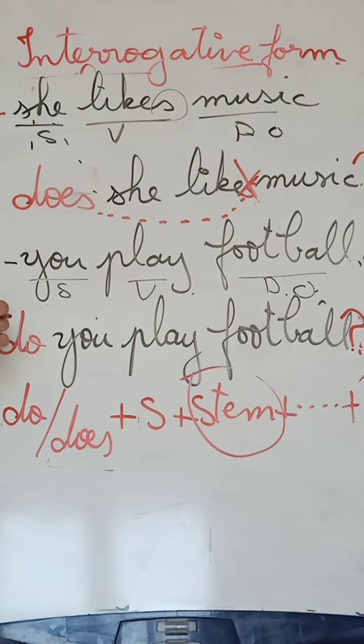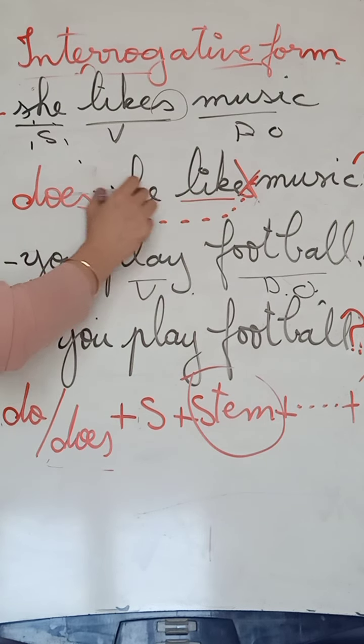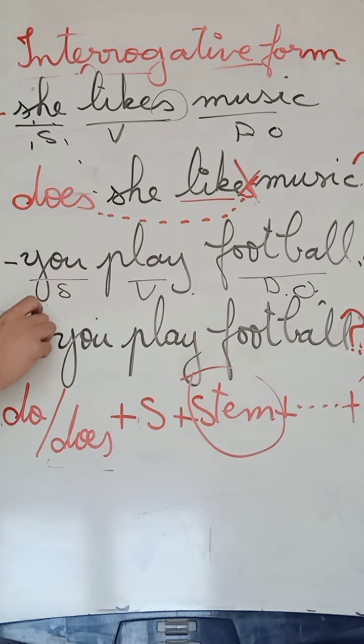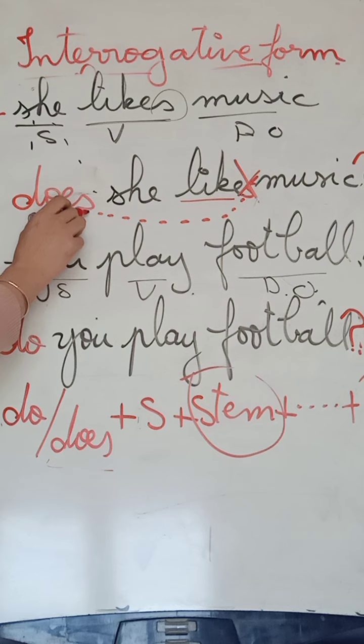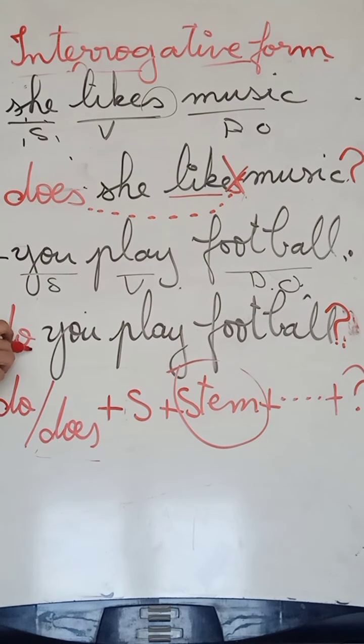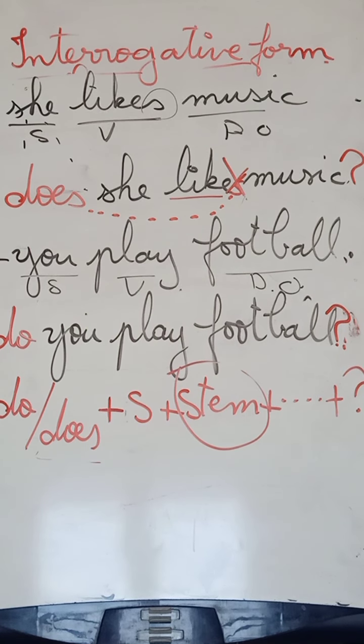A stem, ça veut dire un verbe qui n'est pas conjugué. Here, does she like? This is stem, verb qui n'est pas conjugué. Okay, you play football, the same thing. Here, for the interrogative form, all the verbs are not conjugated. Why here? Because here it's with auxiliary do. That's why.